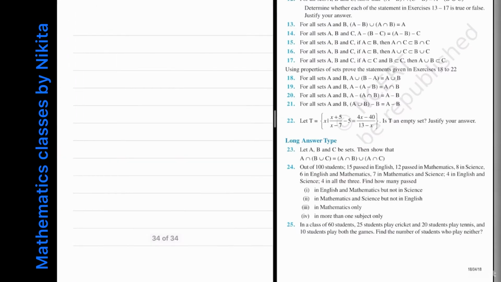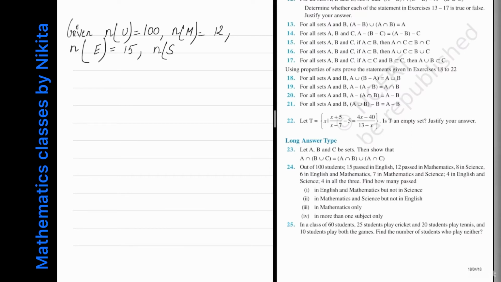Now what information is given to you? First of all, the number of elements in U is equal to 100. Number of elements in M is equal to 12. Number of elements in the set E is equal to 15. And number of elements in the set S is equal to 8. Further, it is given that 6 in English and maths, and "and" means intersection.